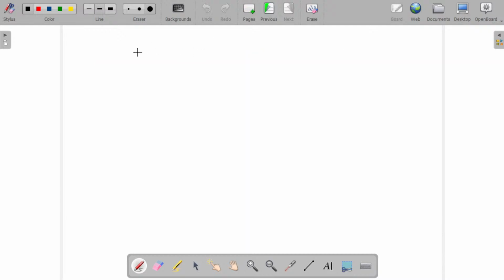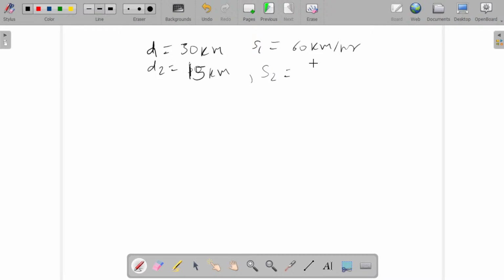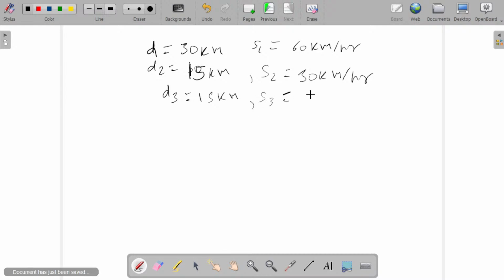So we got the data: d1 equals 30 kilometers and speed 1 equals 60 kilometers per hour. d2 was 15 kilometers with speed 2, 30 kilometers per hour, and d3 is 15 kilometers at speed s3, which is 10 kilometers per hour.